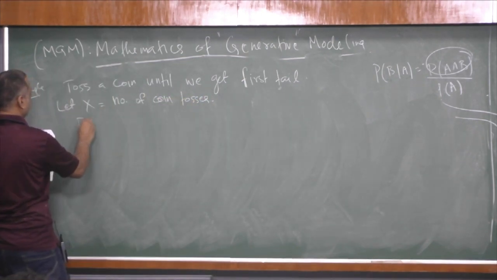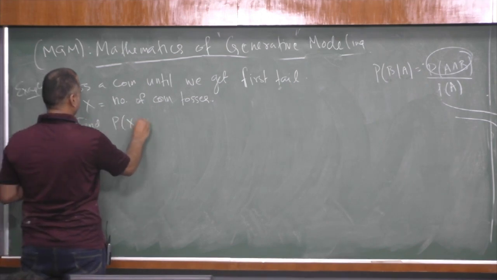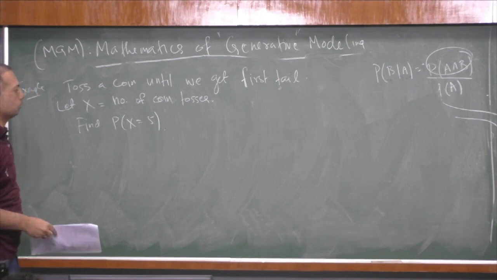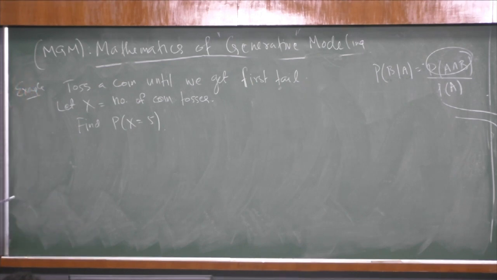Then find the probability that X is 5. So here we need the concept of independence. So what is the independence here?